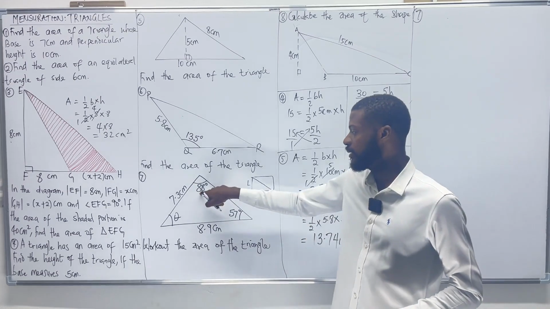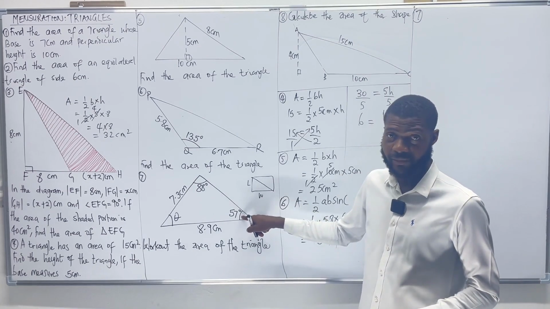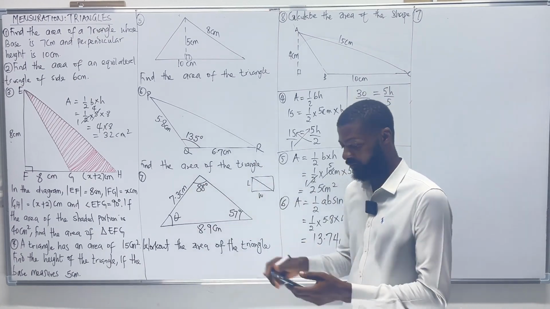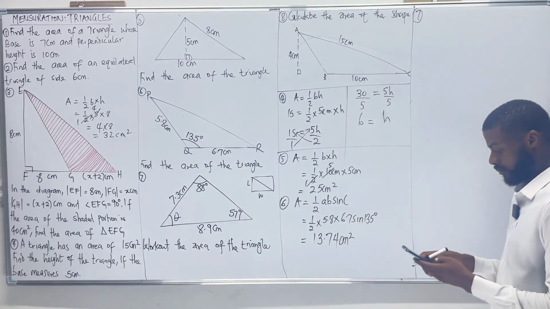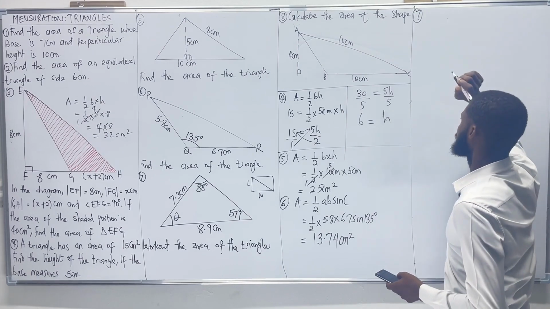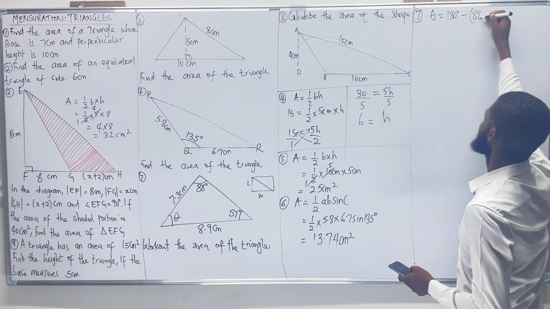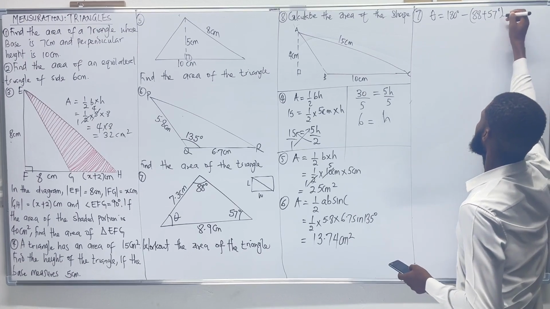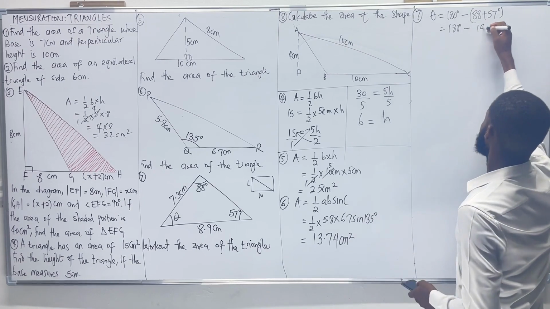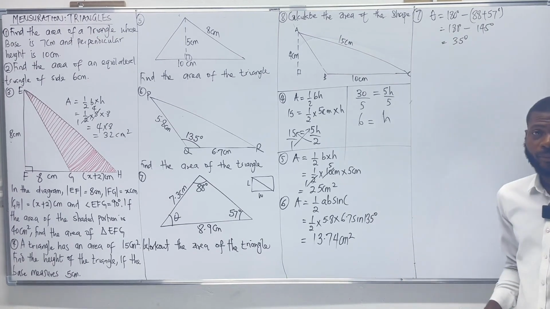So if this is already 88 and this is already 57, to get this theta, we need to do 180 minus the sum of these two. So the angle is going to be 180 minus 88 plus 57. So that's 180 minus, is that 145? So this will be 35 degrees. So that is the angle.